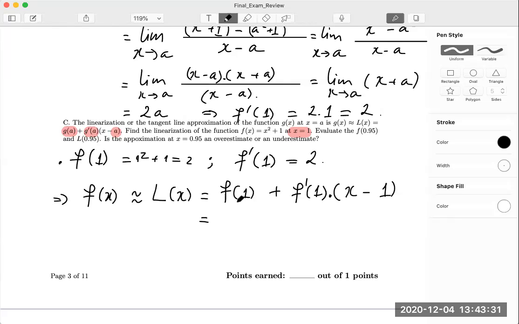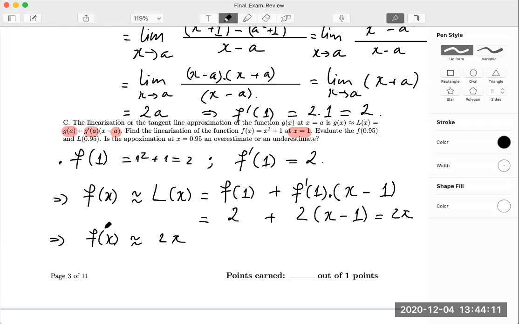This is 2, okay, plus 2 times 1 times x minus 1, very good. And therefore, f of x we can approximate as 2x, yeah, just 2x, right? The 2 cancels with the 2. Near the point x equals 1, this linear approximation is only good near the point here.